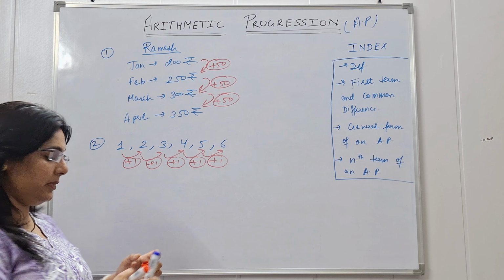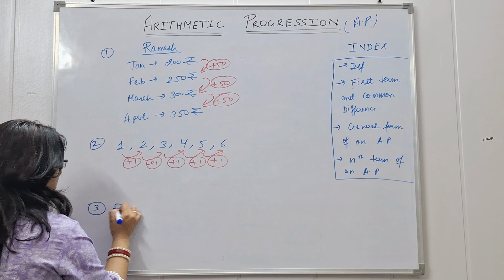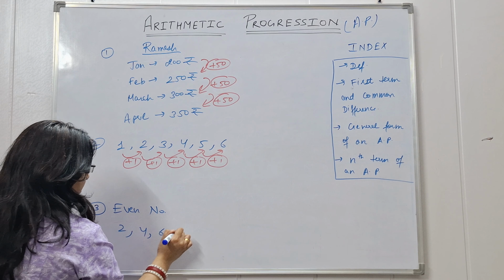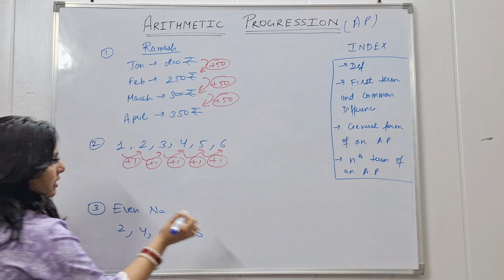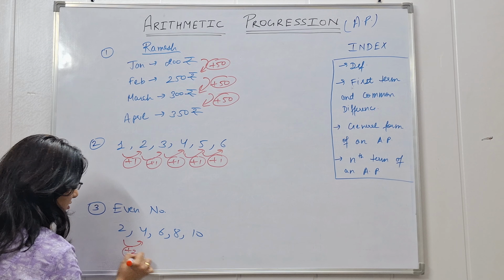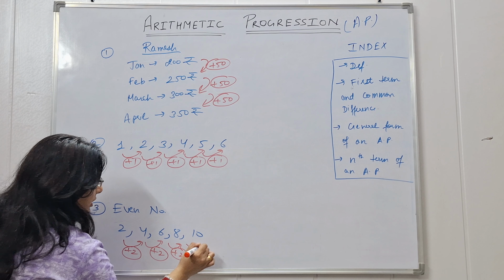So, this is also an AP. Let's take another example. That is even numbers 2, 4, 6, 8, 10. These are also in AP. How? Each term is obtained by adding plus 2, that is a fixed number, to the preceding term. So these are also in AP.